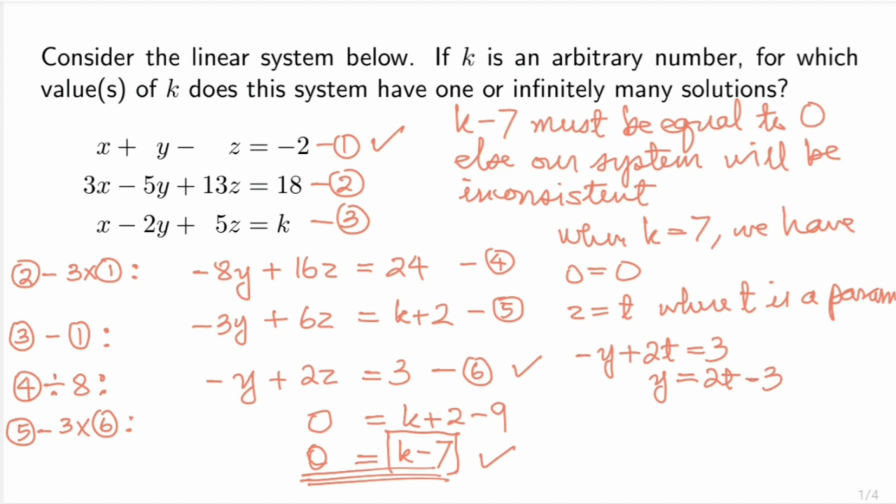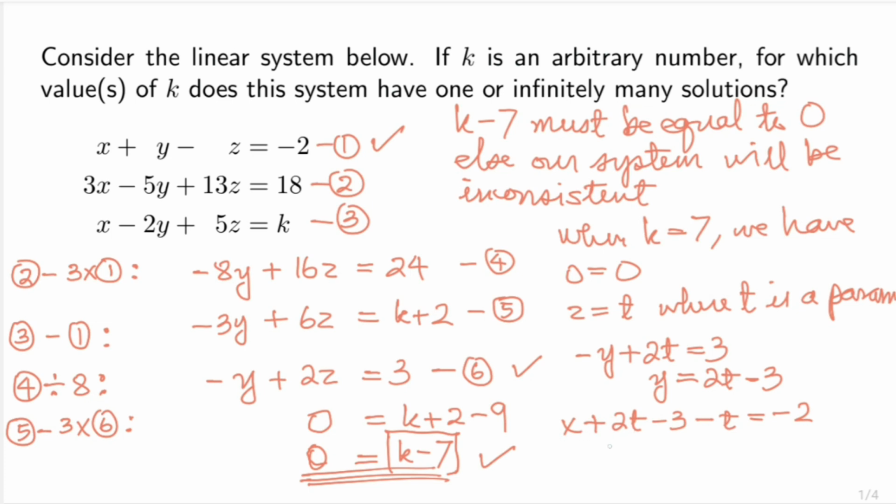And we can use this also to find the value of x in this situation. So the value of x is going to be, well, let's use equation 1. We have x plus y, but y is now 2t minus 3. Then we have minus z, but z is t, so this is minus t equals minus 2. And what does that give us for x?